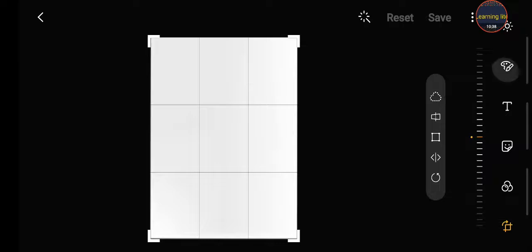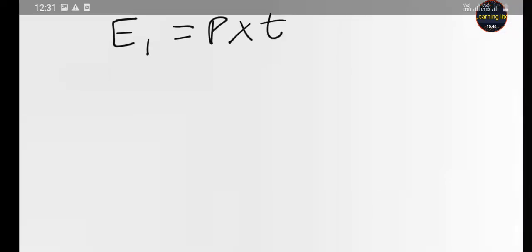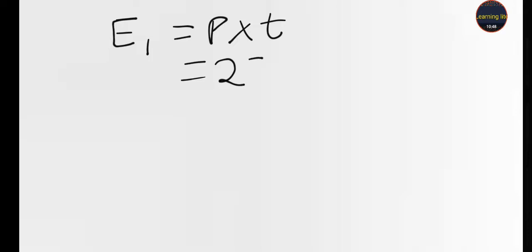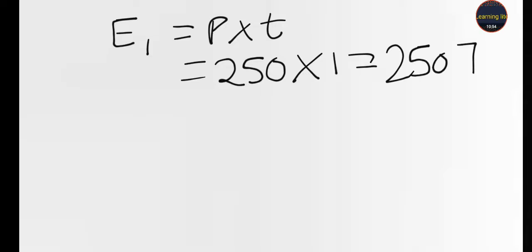First, energy is equal to P into T. For the TV set it is 250 watt and time is 1 hour. That is equal to 250 watt hours.